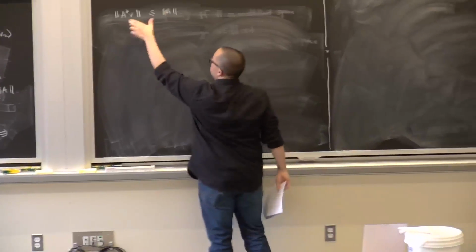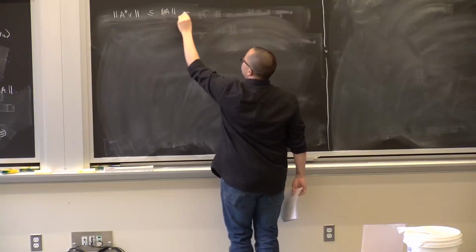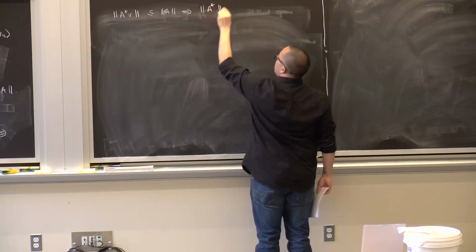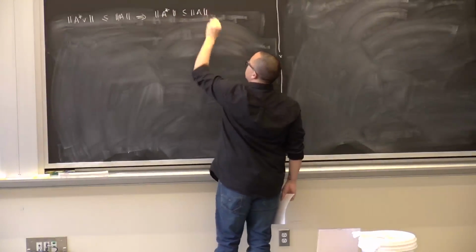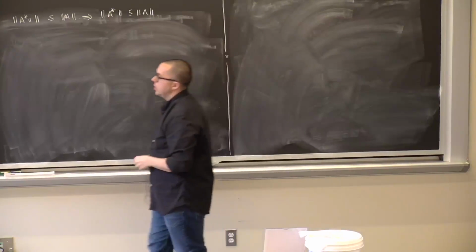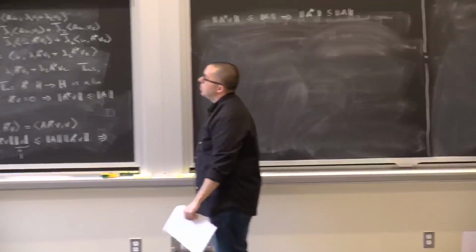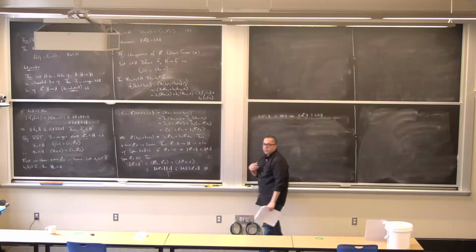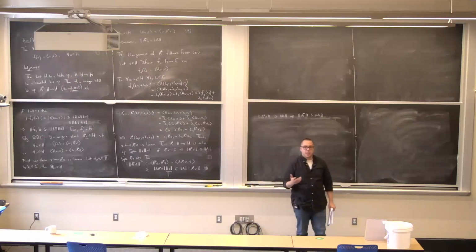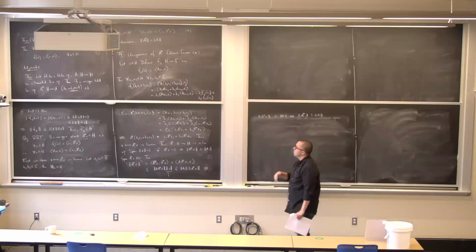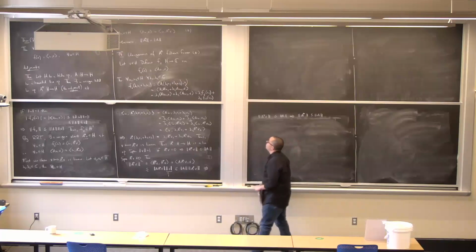Since this is bounded above by the norm of A, that implies the norm of A star is less than or equal to the norm of A. So we've shown basically all of this theorem with the exception of equality of the norms. Every bounded linear operator has an adjoint, which is a bounded linear operator and is the unique linear operator satisfying that identity up there for A star.